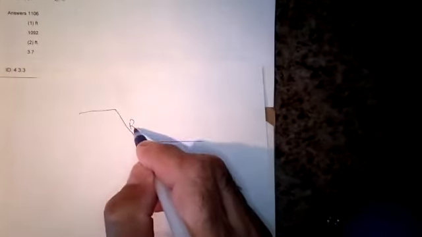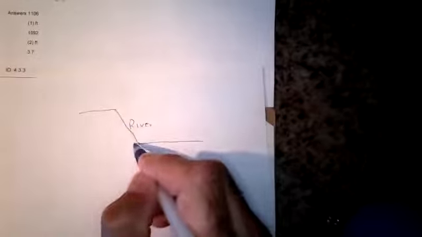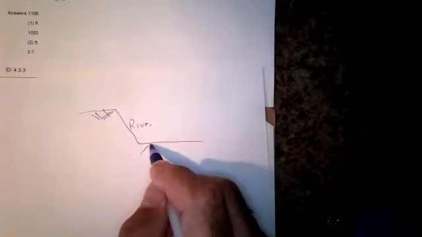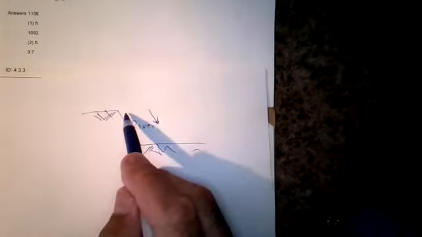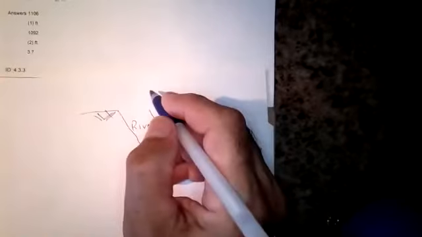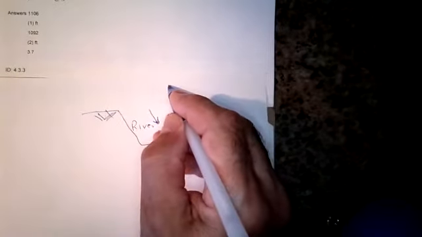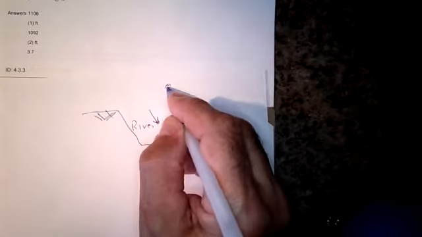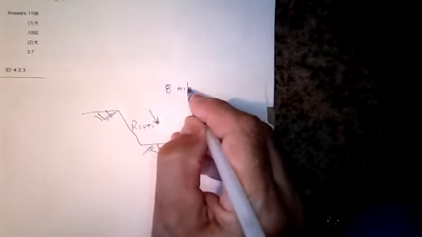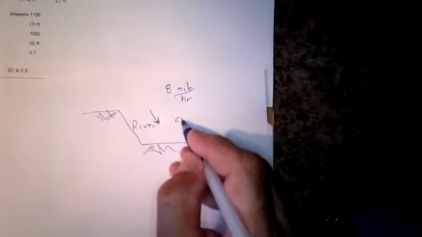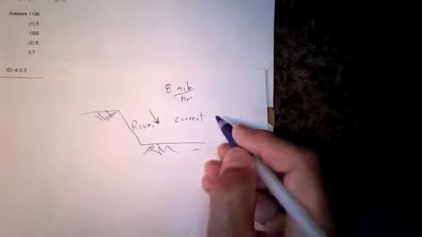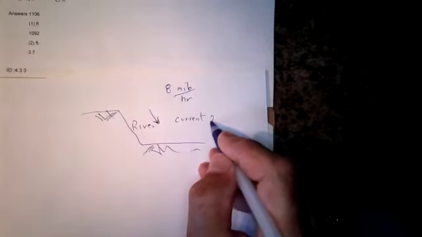Let's think that there is a river here, and obviously the direction of the water or current is in this direction. Let's say there is a swimmer and he can swim 8 miles per hour. And the rate of the current, or the water, is 2 miles per hour.